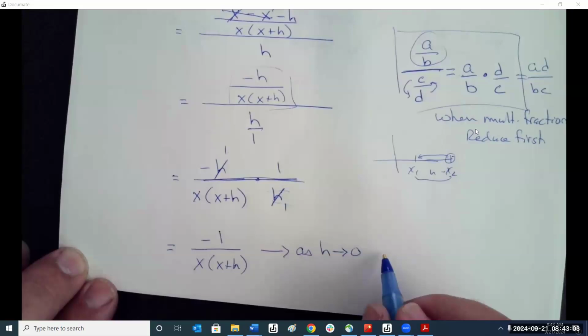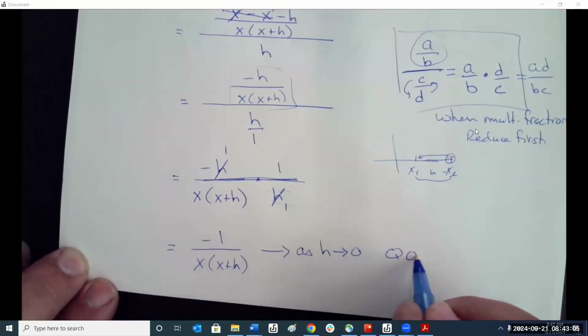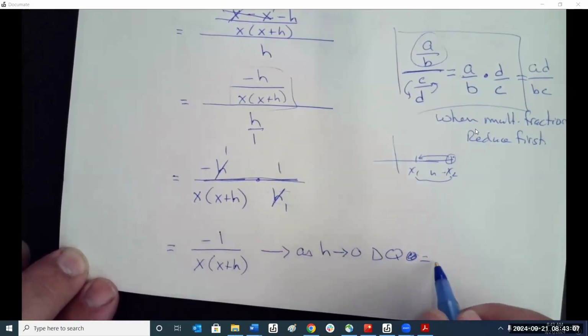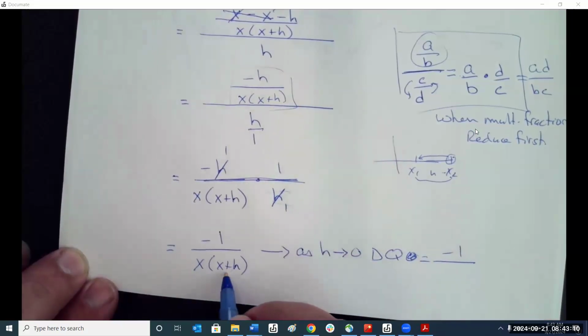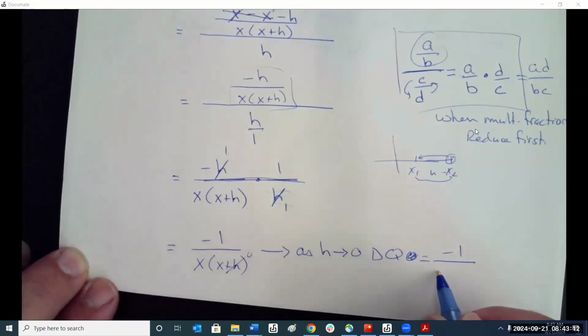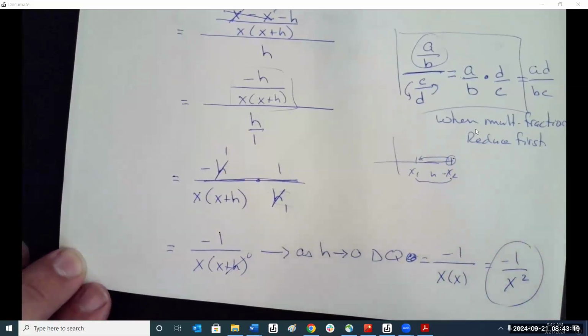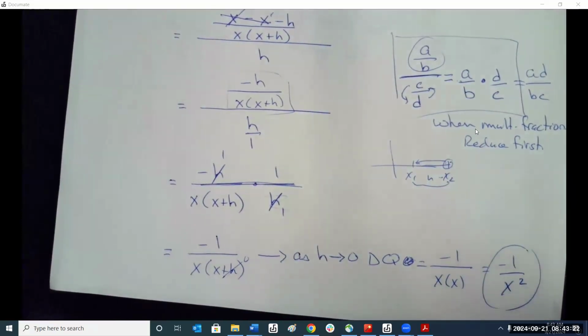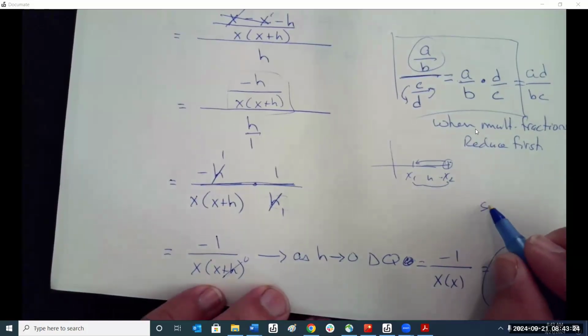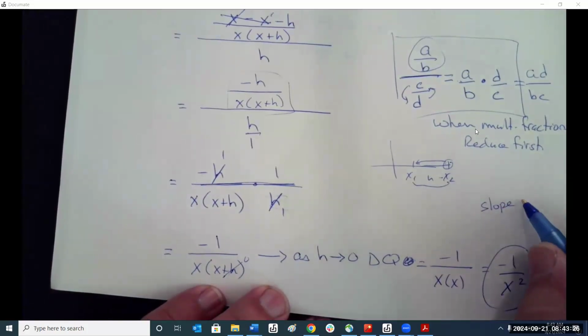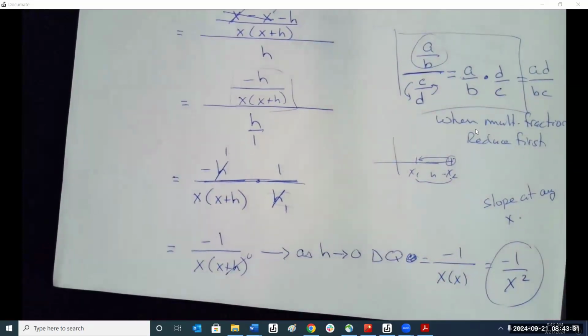So as h goes to 0, our difference quotient becomes negative 1 over x squared, x times x. There's my difference quotient. That's the slope at any x. The slope of the tangent line at any point x on a graph.